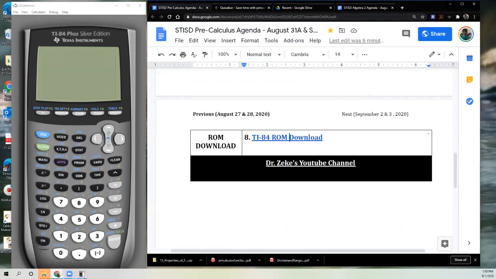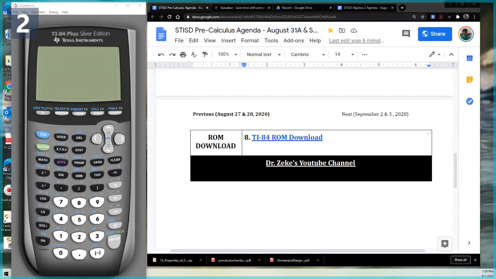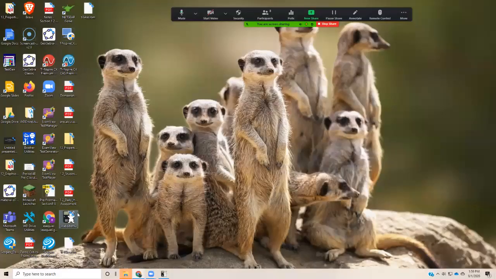I'm going to share the screen to show how to make it work. Just give me a minute while I show you my main screen. You can see here is the WabbitEmu, and here is the ROM. All you have to do is take the ROM and drag it in there, and this calculator will come up.